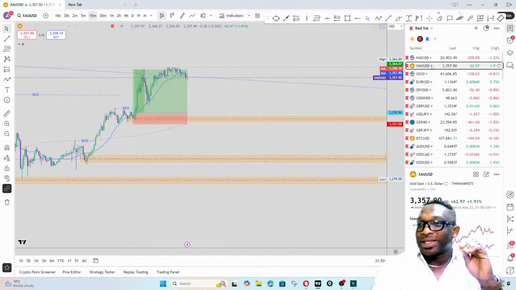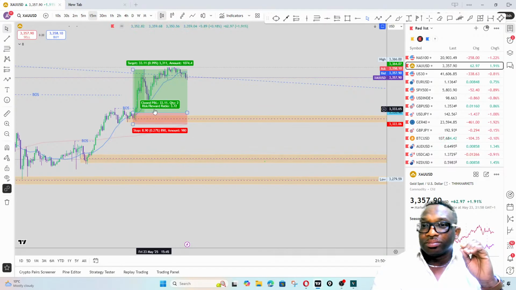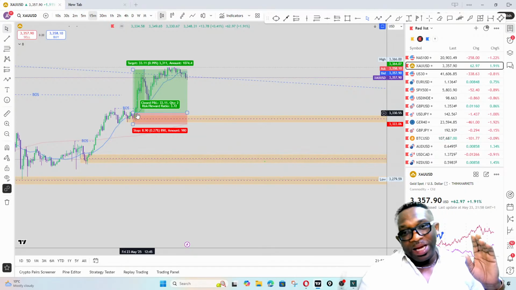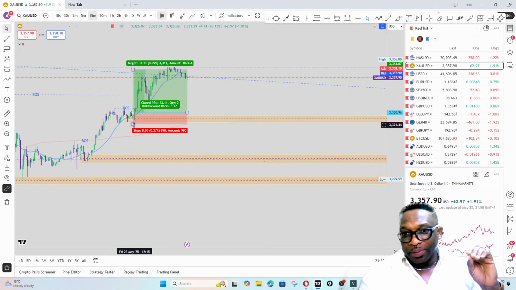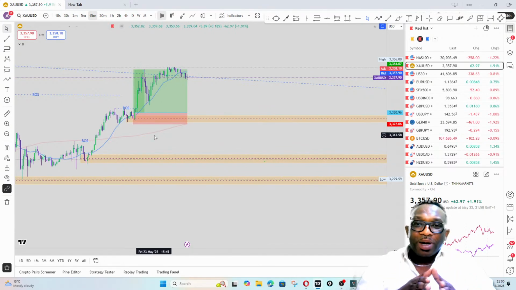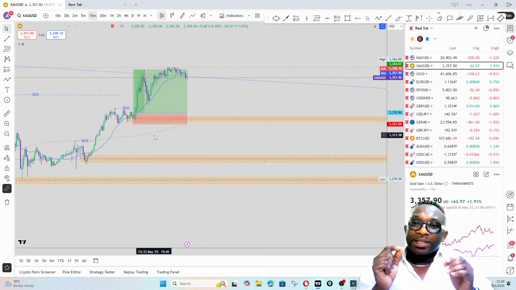So if, for instance, you are taking a one lot position on this particular trade, and your risk amount is, let's say, 100 pounds, and from your point of entry to the risk area is 150, then you have to reduce your lot size to fit within that 100 pounds, to pick a lot size that will give you either exactly 100 pounds or below.